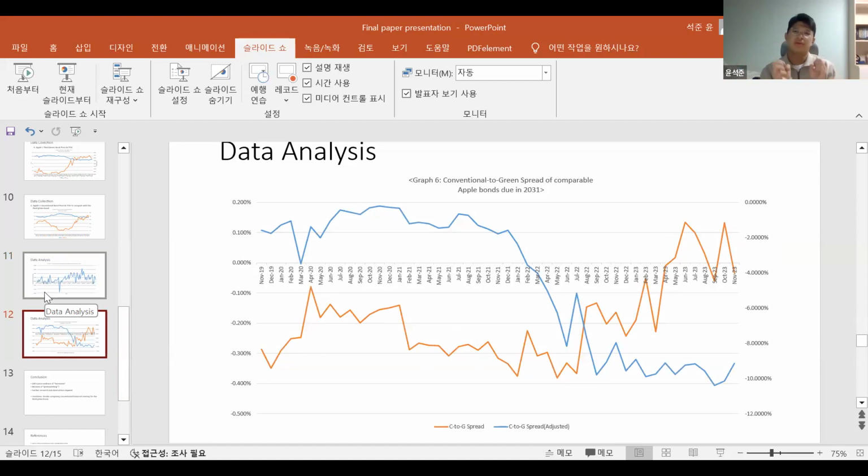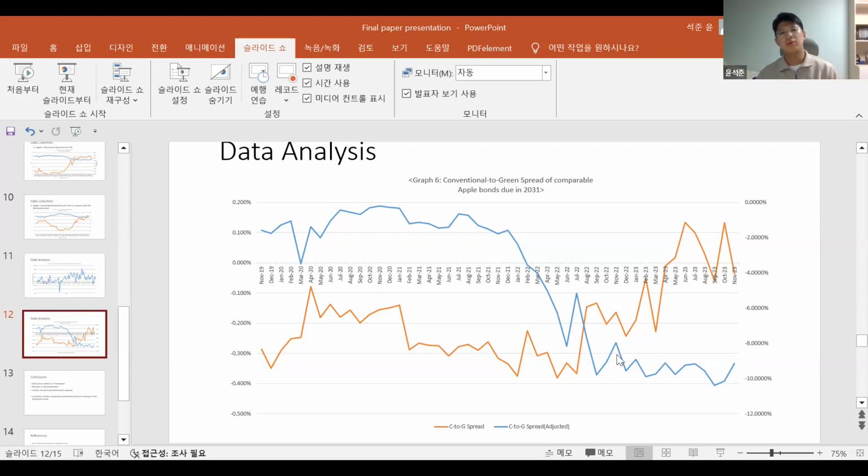So I'm not sure if this is right, but since they have different coupon rates, I have to adjust it by about 4 times the YTM. So I multiplied the green bond's YTM by 4 and generated the conventional to green spread and looked at the blue line.